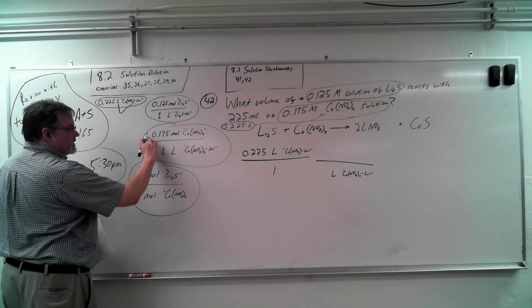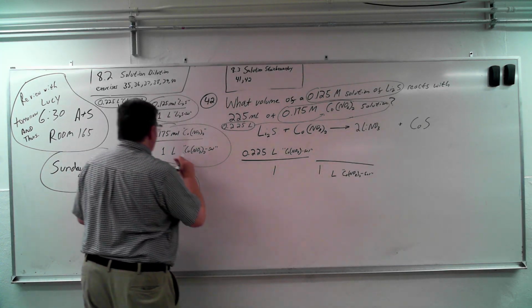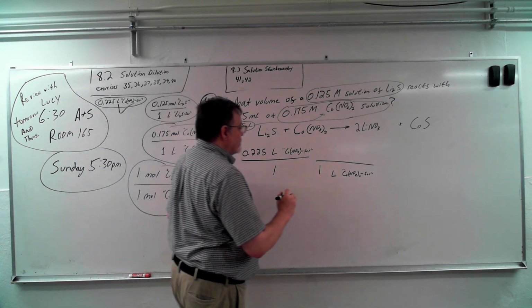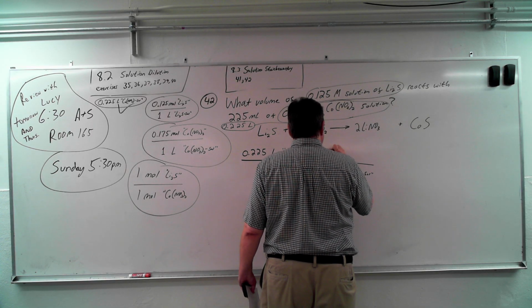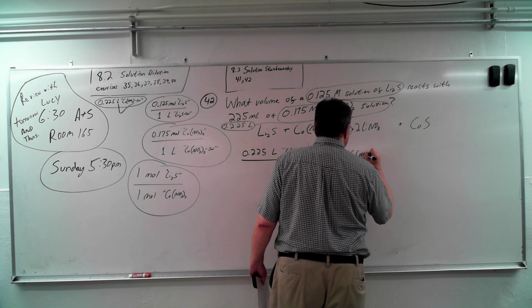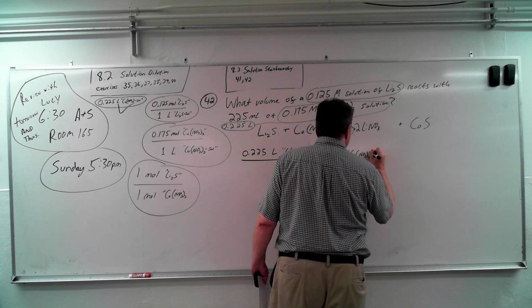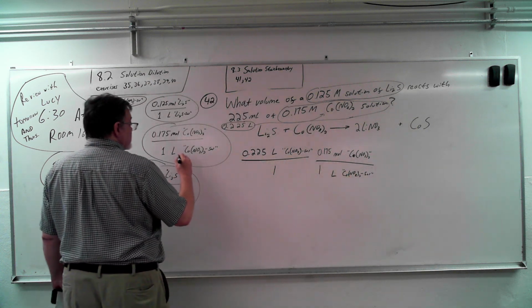So that's next. 1 liter of cobalt nitrate solution, 0.175 moles of cobalt nitrate. Now we need moles of cobalt nitrate solution.